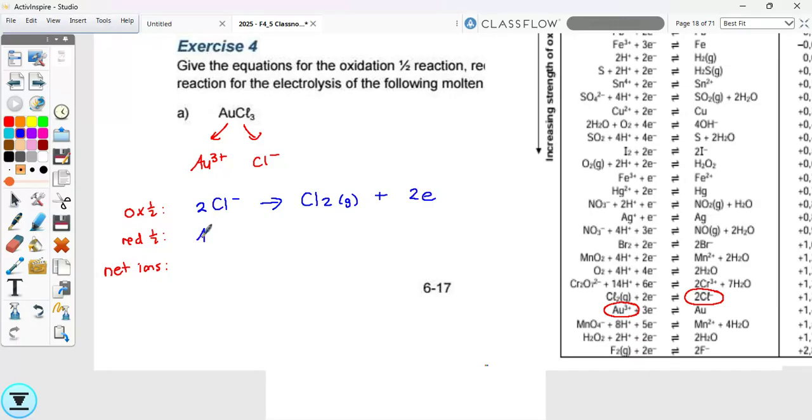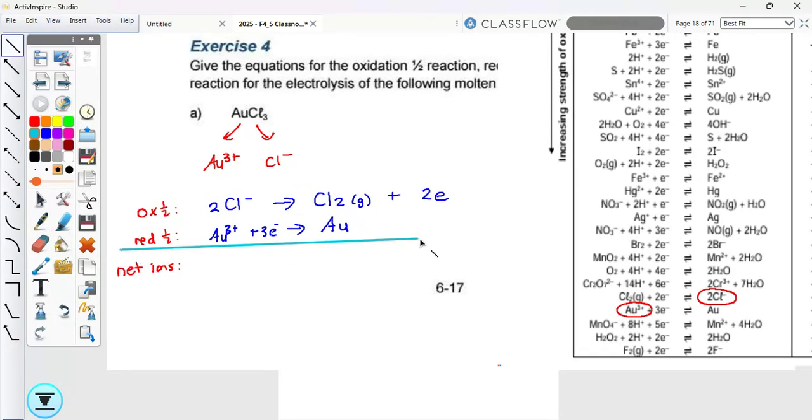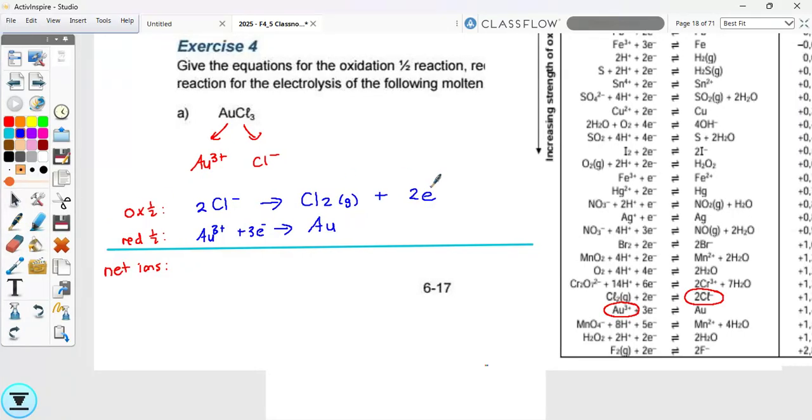So that's going to be our Au3 plus 3 electrons is going to give us Au. So now this time we've got a little bit of a problem because our electrons are not the same. The chlorine is giving off 2 electrons, and gold needs 3.